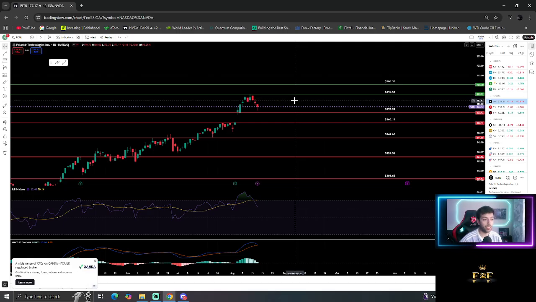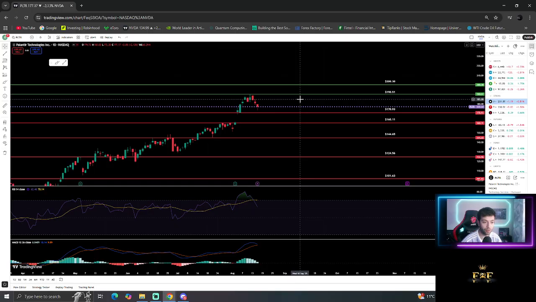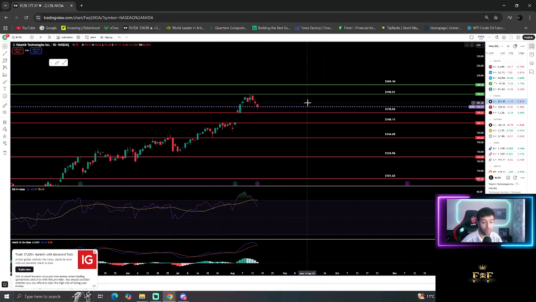So as you can see, we have tested the $190.51 as a resistance, and then we pulled back and we're almost close to the $170.93. Now we have this bearish signal, and then this one we can say it's a little bit neutral and bearish, right?